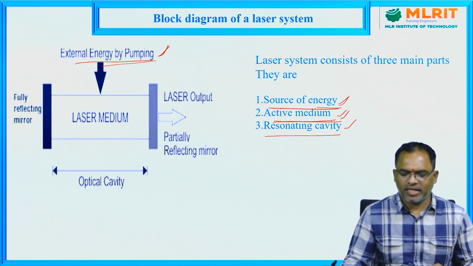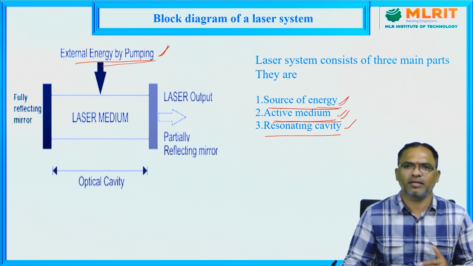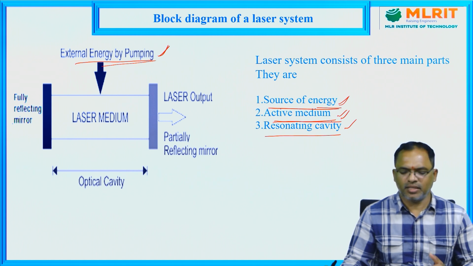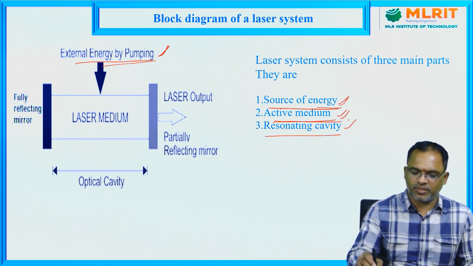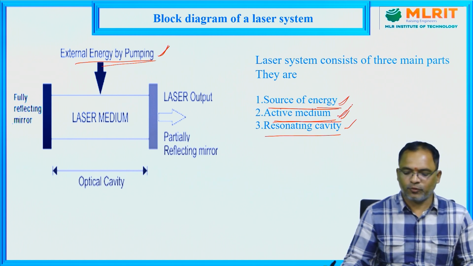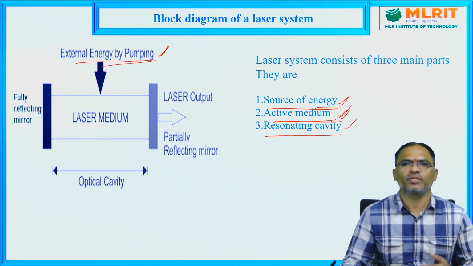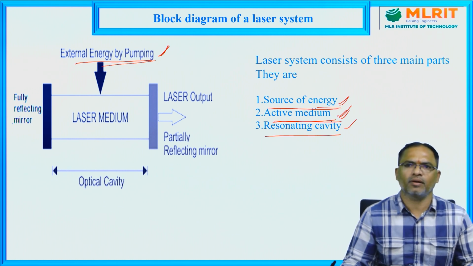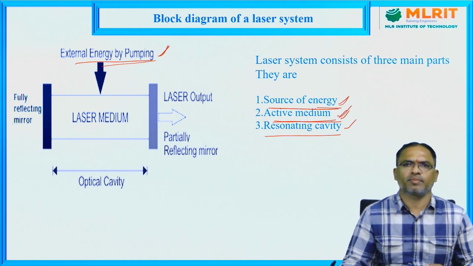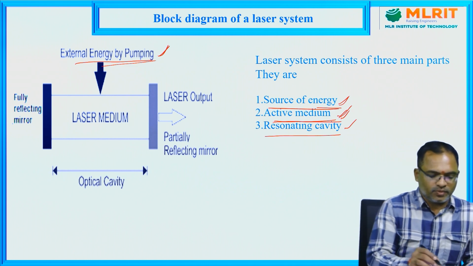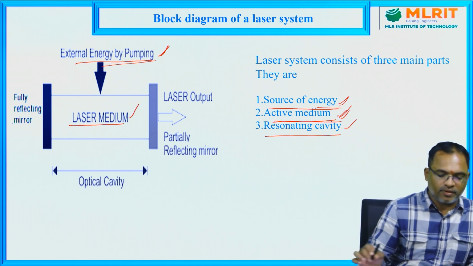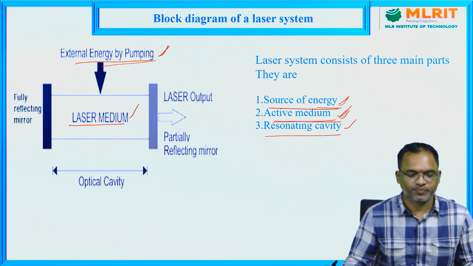To get a laser beam, transitions have to occur between various energy levels. All those energy levels are available in the active medium. Active medium is nothing but the medium in which population inversion takes place, or the actual process takes place. It is also written as lasing medium.